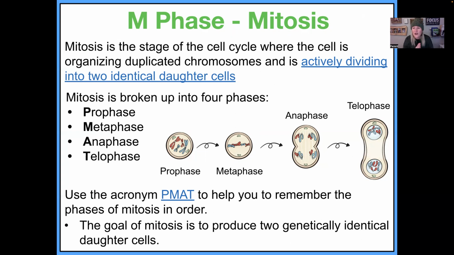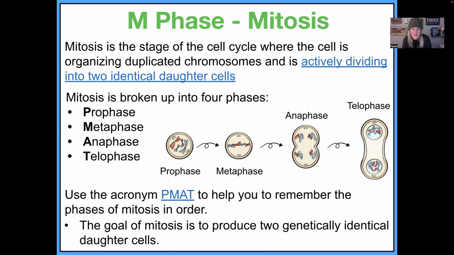When I was in college, I would memorize it by PMAT, or if you want to memorize it with interphase and cytokinesis, I can't even say it. We would say IPMATK, the first letter of each phase, and that was our acronym, and that's how we memorized it for tests, because we weren't allowed to have notes during a test.